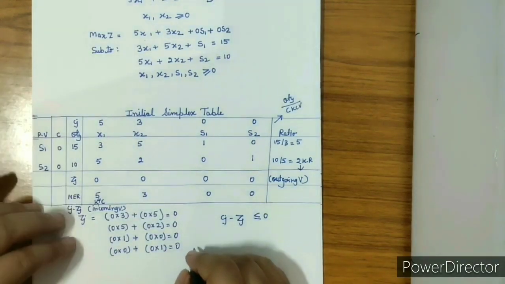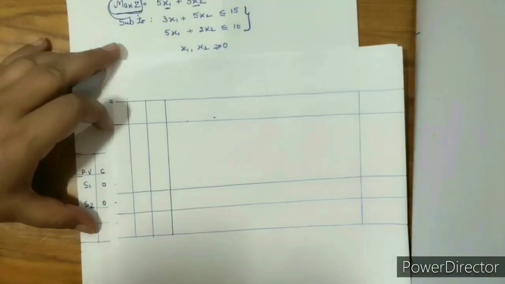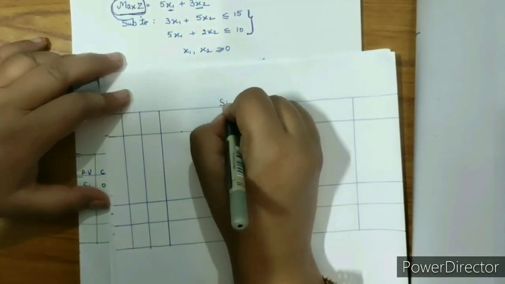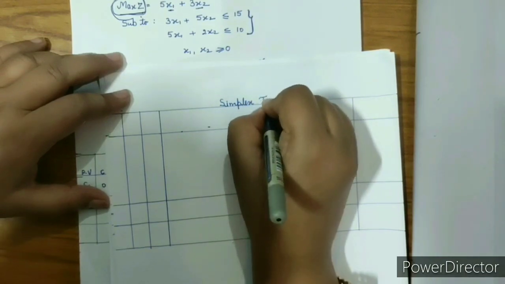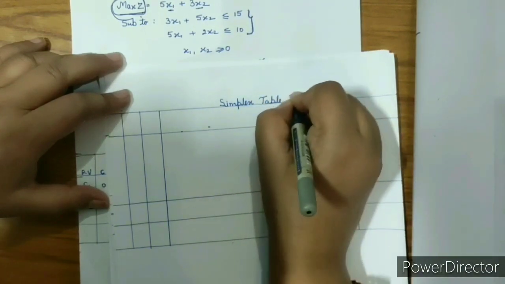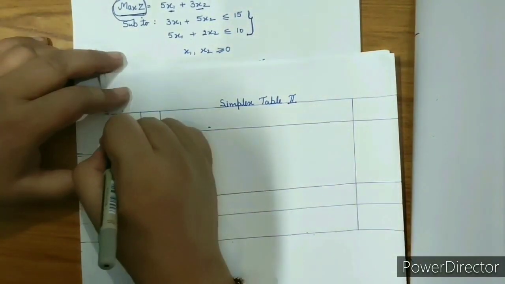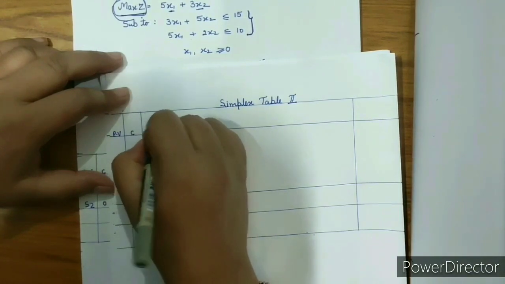Now we make a second simplex table. Same columns and rows: programming variable, C, quantity.